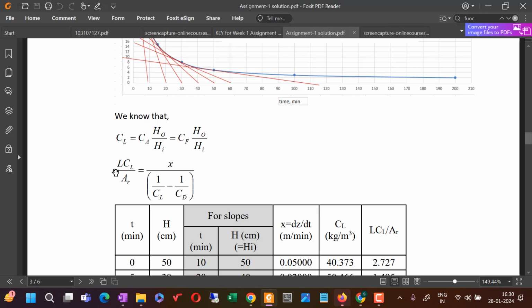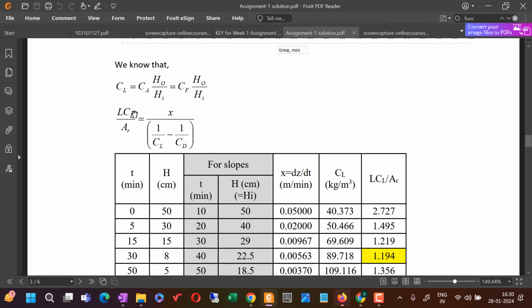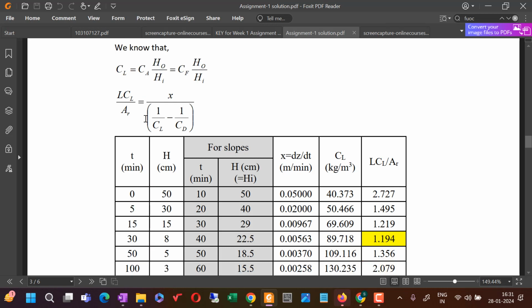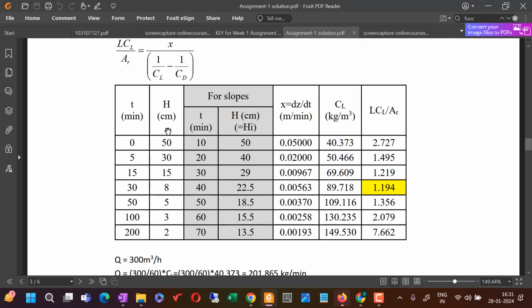So how will we minimize it? We will plot the graph for LCL by AR and look at the minima. When this is at the minimum, corresponding to that value of X, you will have AR at its maximum, which gives the diameter of the sedimentation process. So you had T, you had H for slopes.